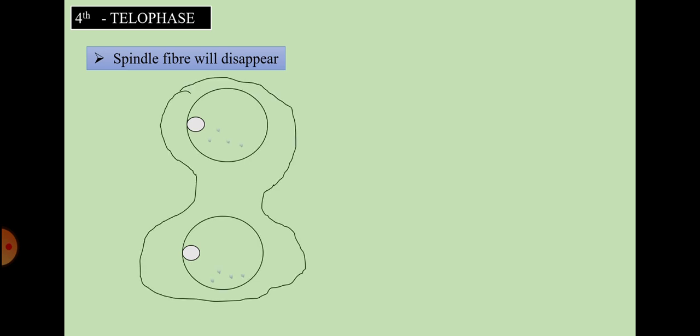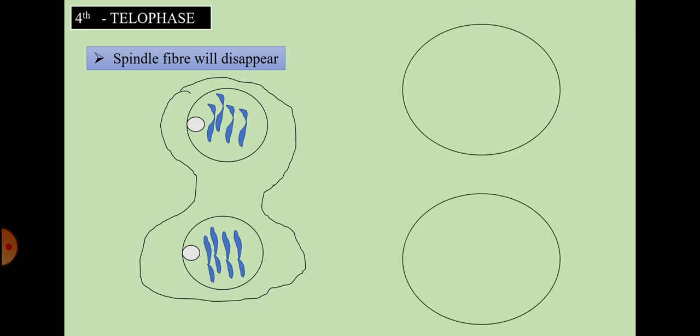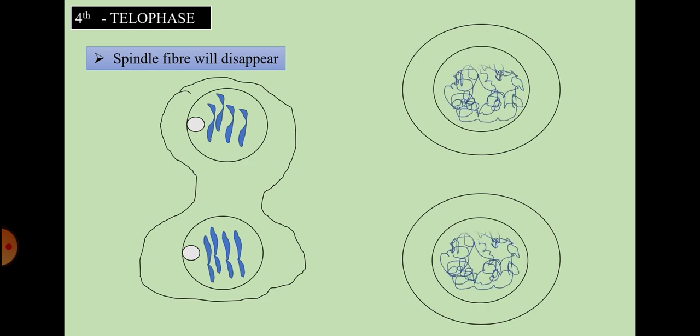The halfway-pulled chromosomes are brought towards each other and form two separate nuclei. When the nuclei are completely developed, the cell divides into two daughter cells having chromatin fiber inside. When the chromosomes are separated, they again decondense and come to their normal form, that is the chromatin fiber. So at the end of mitosis, we get two daughter cells, and these are the two daughter cells that we get.